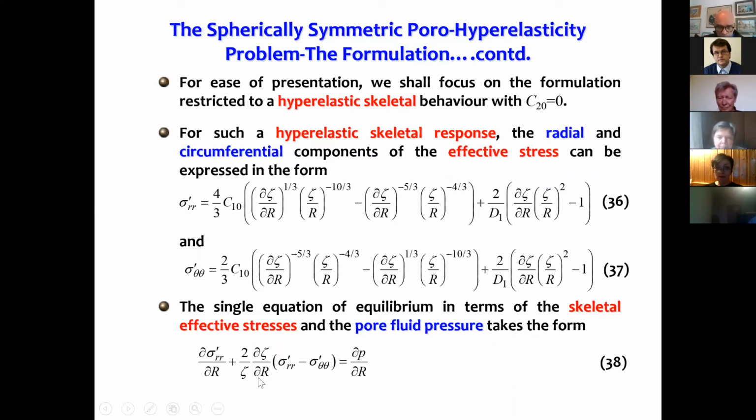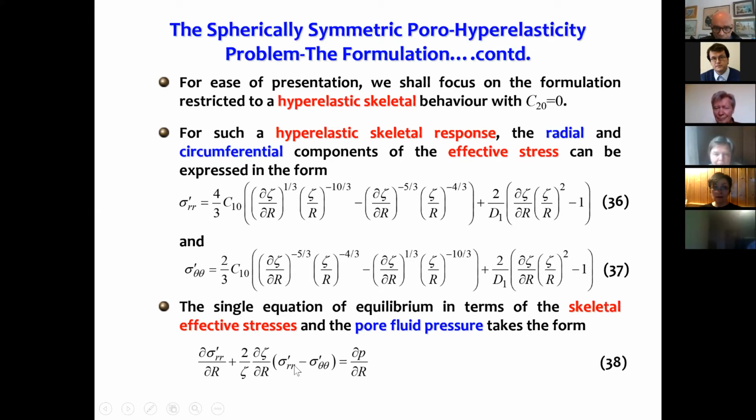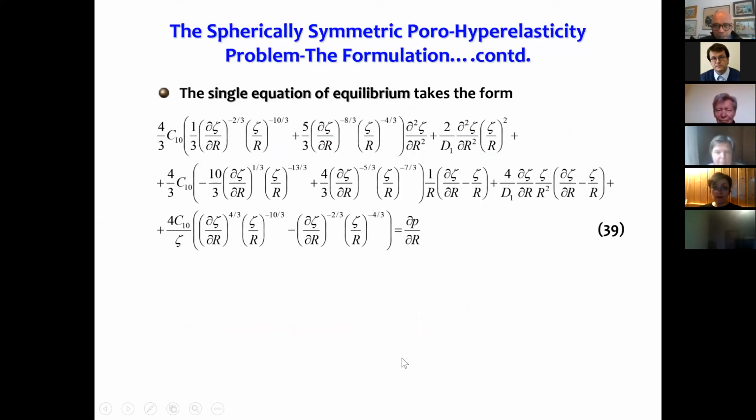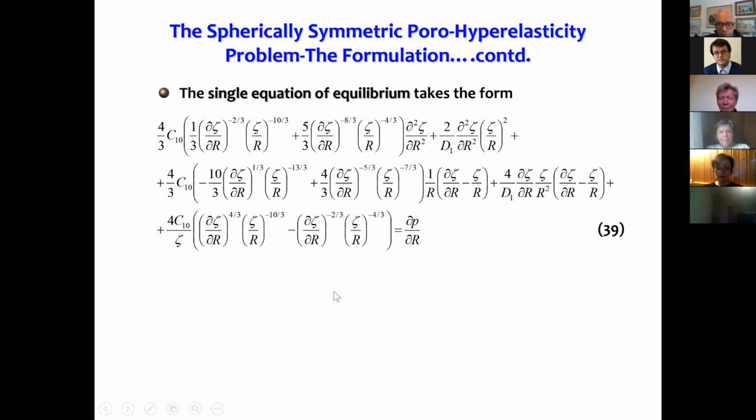So the equation of equilibrium now comes out to be this. You have the effective values of the radial stress and the circumferential stress as well, and you get the single equation of equilibrium for the displacement and the pore fluid pressure there.